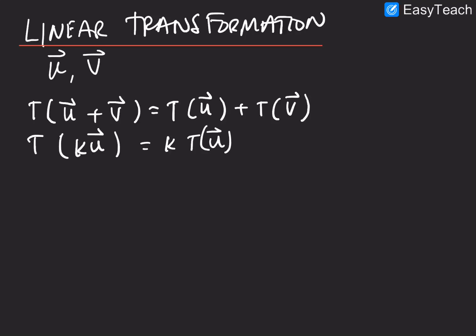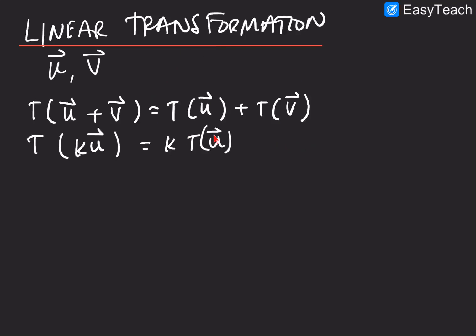Okay, so the next important thing that we're going to be doing is linear transformations. These are super important. So basically, you're going to have a u and a v, right? So there's 2 vectors, and they have to follow these 2 conditions. They also have to follow this vector addition condition, where if you add u plus v and put it into the transformation, you would have to be able to pull them out like this.